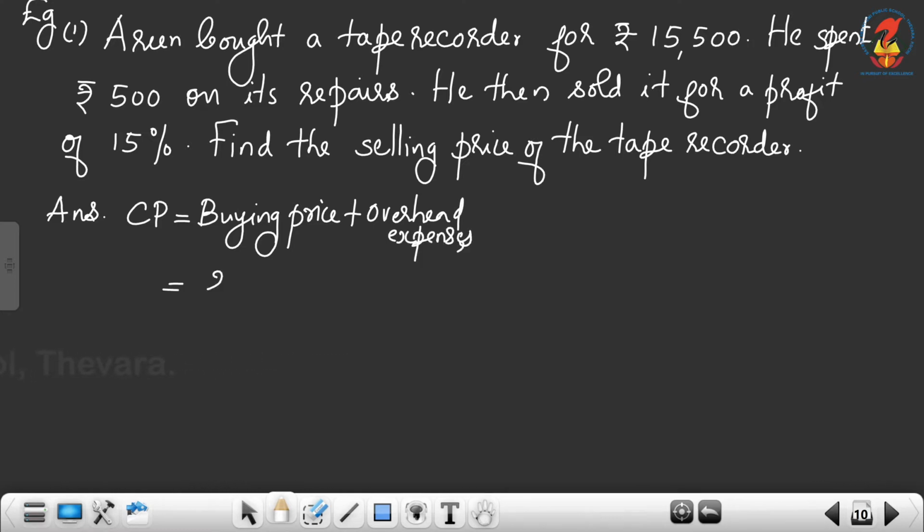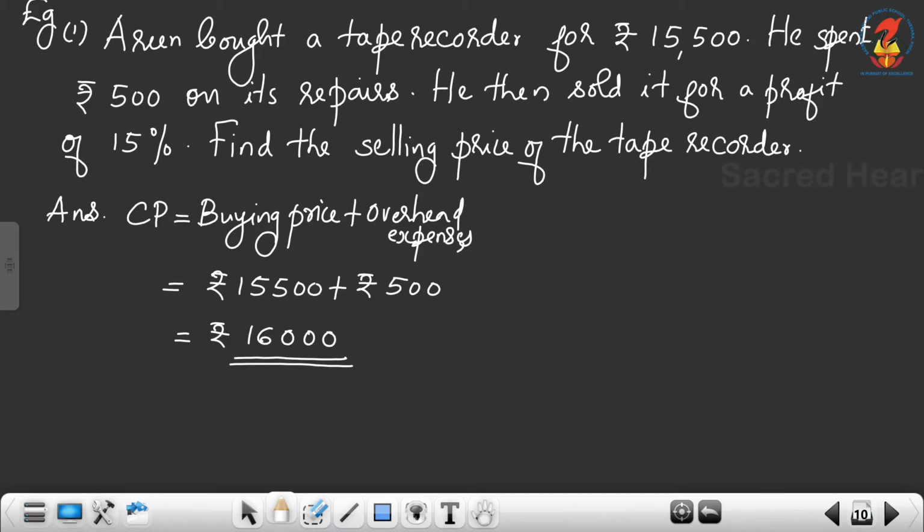So buying price is rupees 15,500 plus rupees 500, which is equal to rupees 16,000. So rupees 16,000 is the cost price. You have to add the overhead expenses with the buying price, then we will get the cost price.